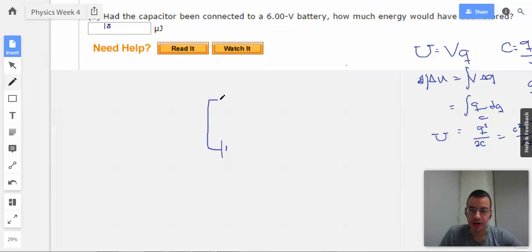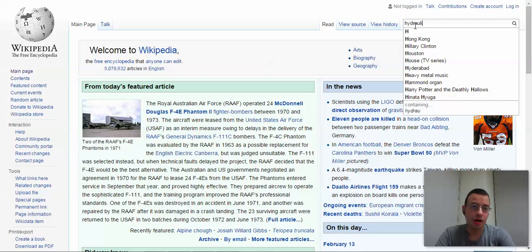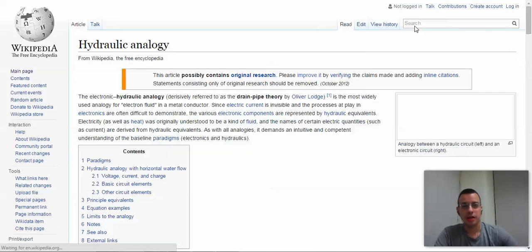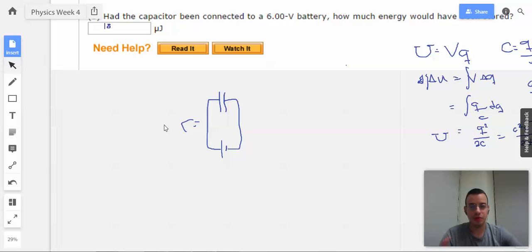There's the battery, and here's the capacitor. If you haven't looked up the hydraulic analogy, I would highly recommend it. Go to Wikipedia, hydraulic analogy, and read it. It really pays dividends when you start talking about components.